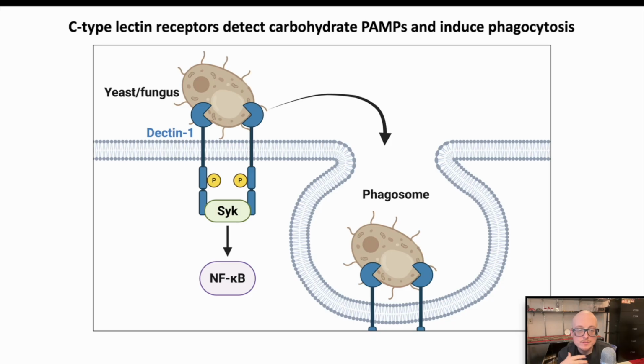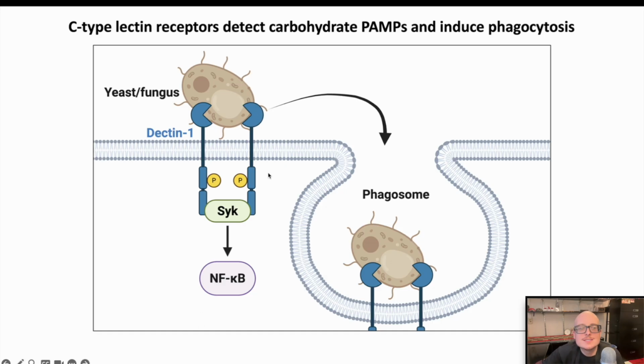Yeast and funguses are examples of that, although there are also carbohydrates on the surfaces of bacteria that can activate C-type lectin receptors. I'm giving you one example here of a C-type lectin receptor known as dectin-1, which is good at recognizing beta-glucans, a type of carbohydrate on the surface of funguses.